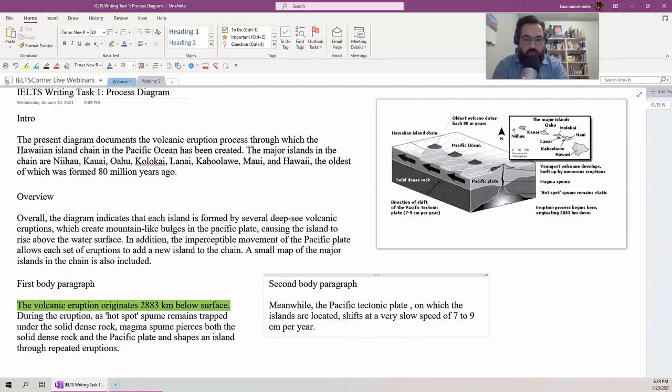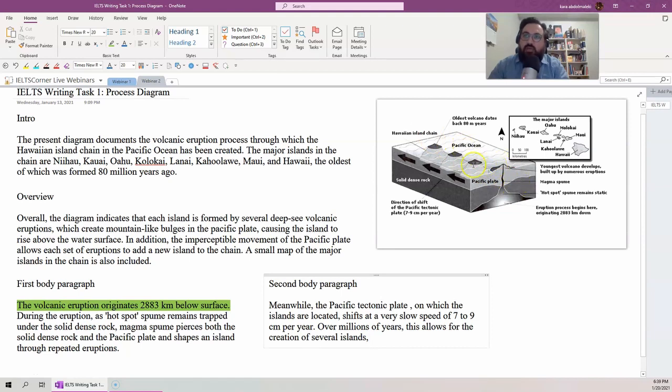Okay, now, over millions of years, this allows for the creation of several islands. And so as this Pacific plate moves and this volcano keeps erupting and this moves, it's like an island printer, right?